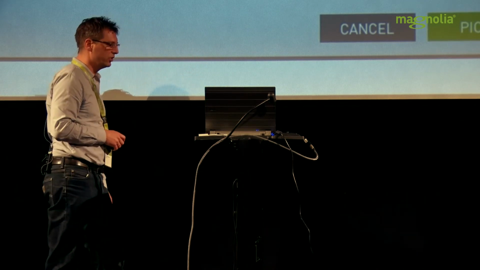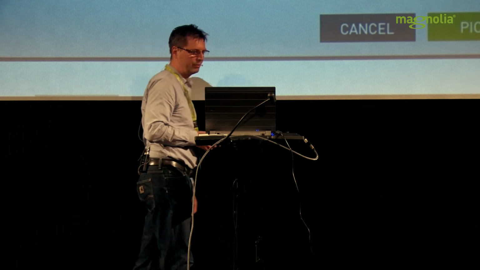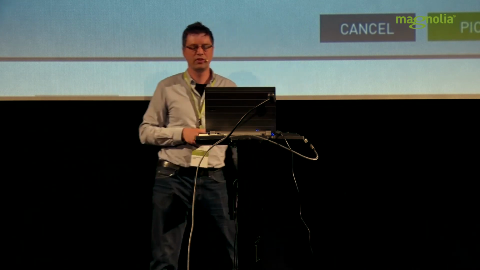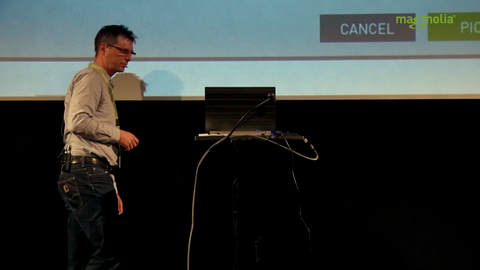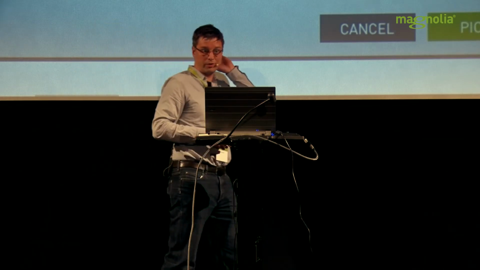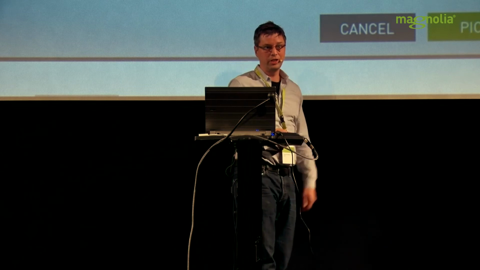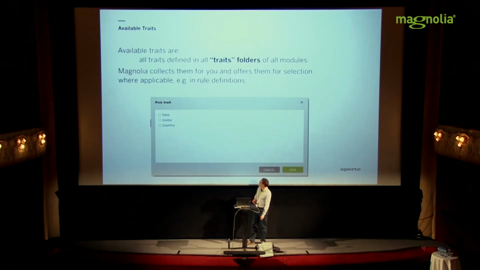So it's easier for you to integrate without much custom programming. Hopefully this will happen. And what you see in the screenshot here are 3 traits that Magnolia delivers out of the box. So this is what you get when you start a vanilla Magnolia, and you can already use these.